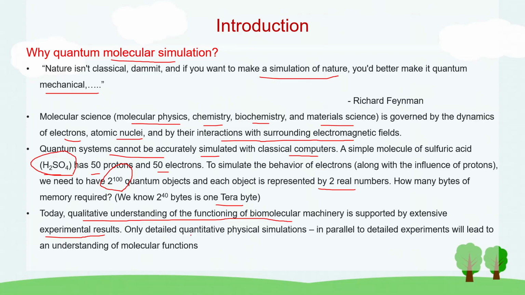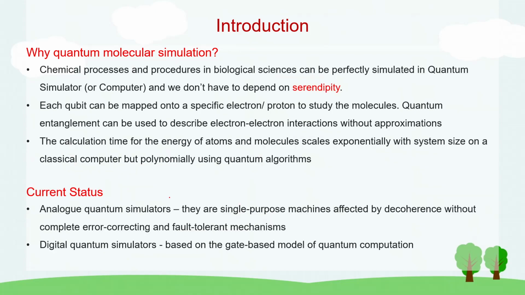But if you can do detailed quantitative physical simulations using a quantum computer in parallel to detailed experiments, we'll have a better understanding of molecular functions and we'll be able to develop new materials or new drugs very fast.